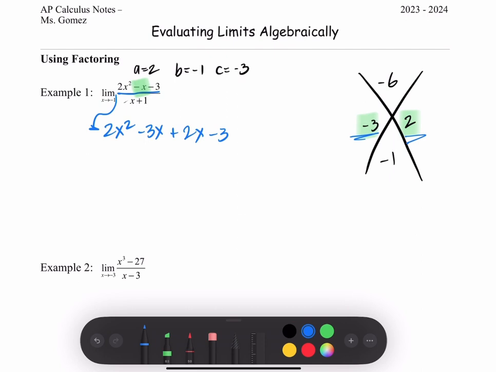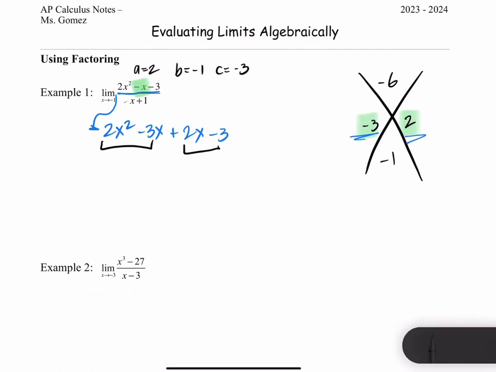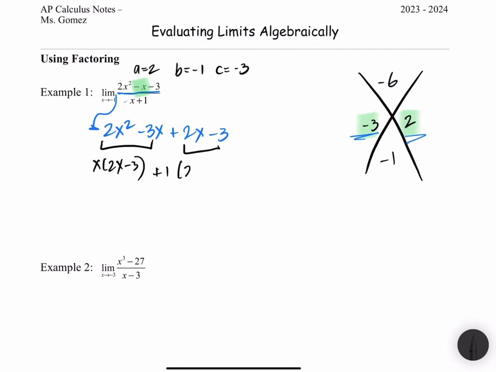And now I use my factoring by grouping, where I try to factor the first two terms and the last two terms. So looking at the first two terms, I can see that they both have an x in common, but that's about it. And then the last two terms don't have anything in common, so I can factor out a 1.